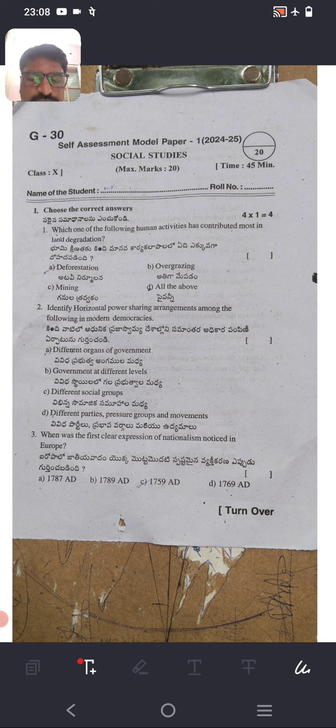So, the answer for this question is A, that is deforestation.